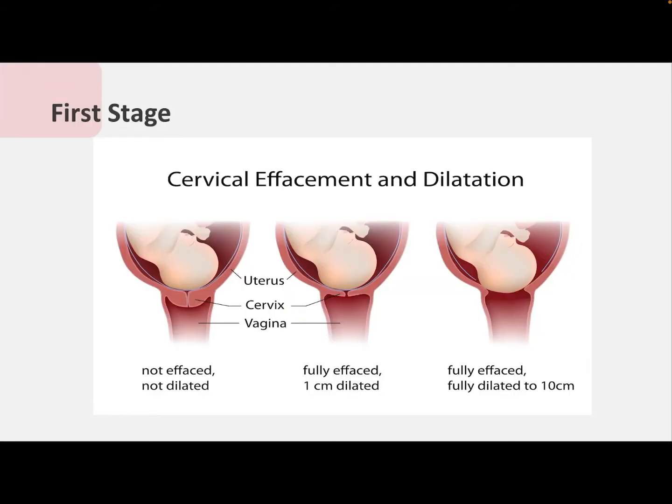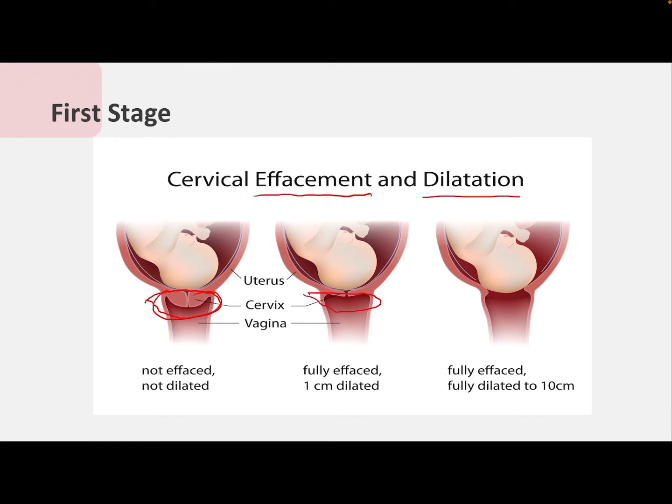So here in the first stage, as I said in the beginning, there are cervical changes during labor. As we see here, the cervix is thick. So the first change of the cervix will be effacement. What I mean by effacement is that the thick cervix will become thin.